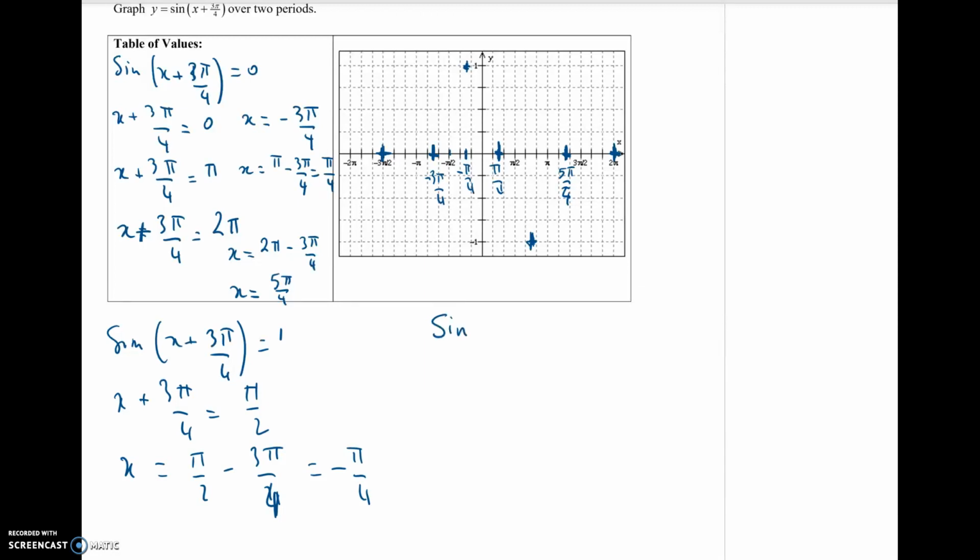Now, let's try to find the last one. What is the value of my angle that makes the sine of my angle equal to negative 1? That means that x plus 3 pi over 4 equals 3 pi over 2.